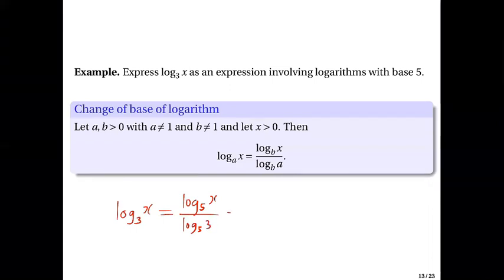And this is the same as log x base 20 divided by log 3 base 20. And this is the same as log x base 100 over log 3 base 100, etc.